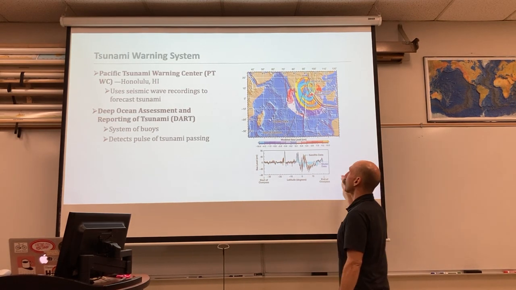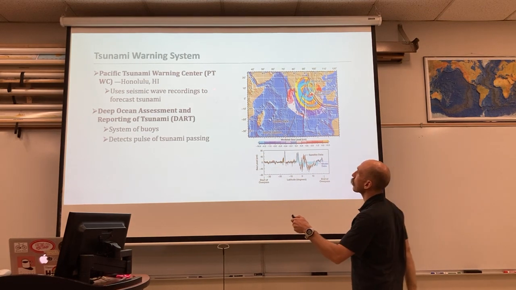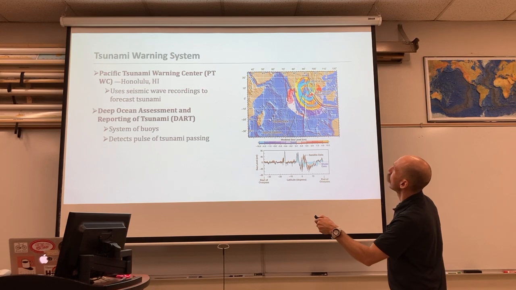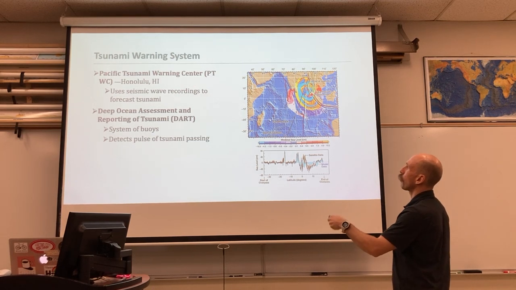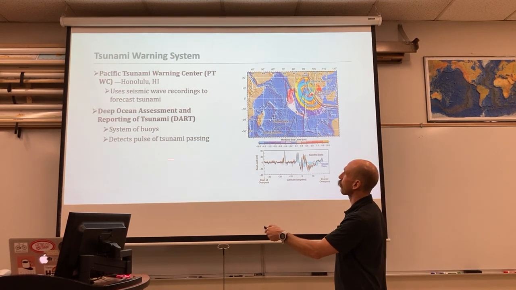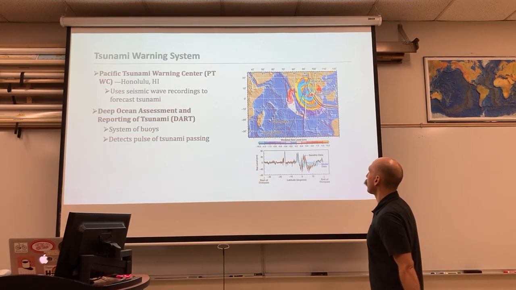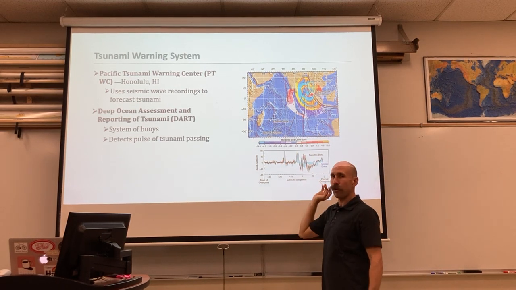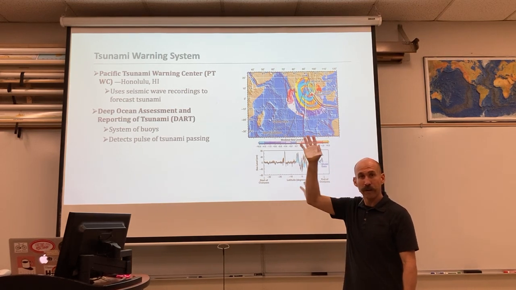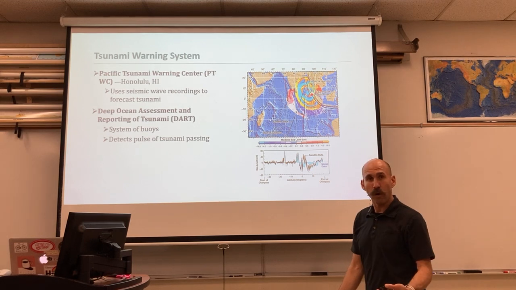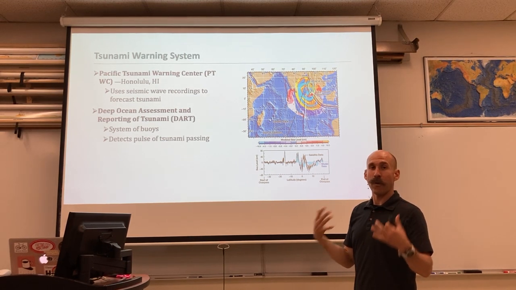So what do we do? We can develop these tsunami warning systems. In Hawaii, we have the PTWC, the Pacific Tsunami Warning Center, that collects information from the Deep Ocean Assessment and Reporting of Tsunami, DART. Basically, it's a bunch of buoys out in the middle of the ocean that measure the height of waves passing through, and they can record if there are big waves.